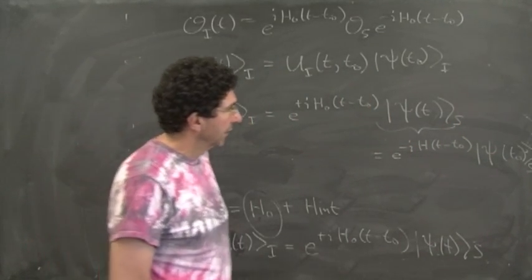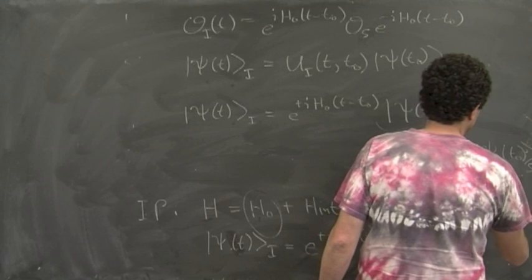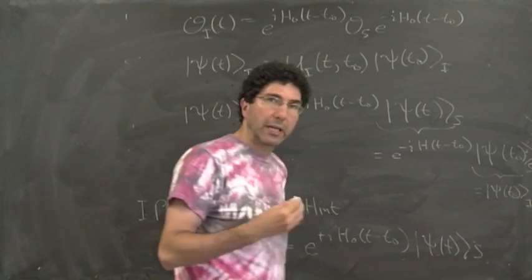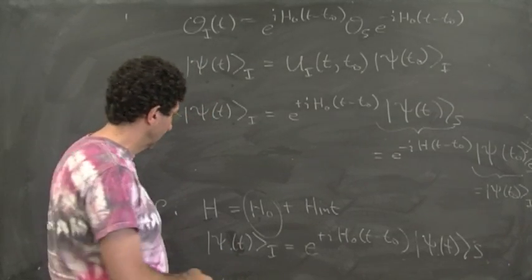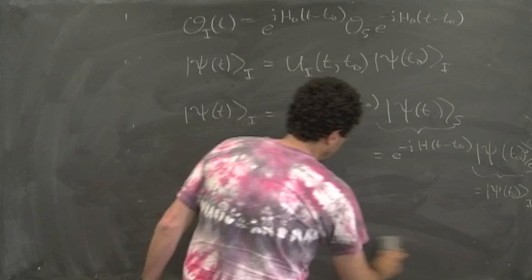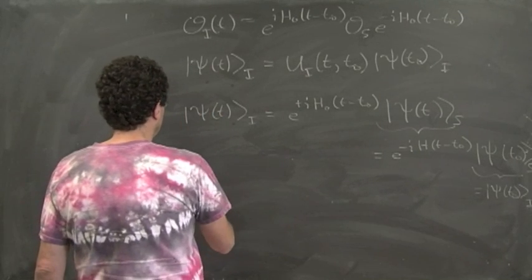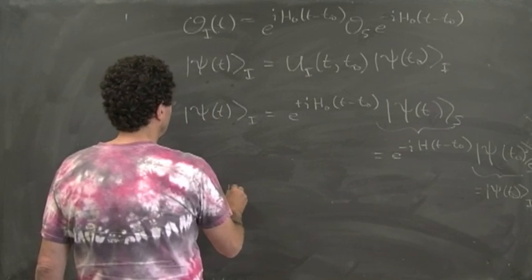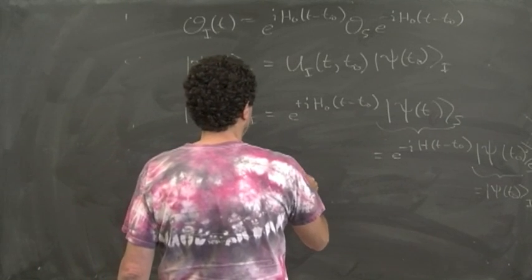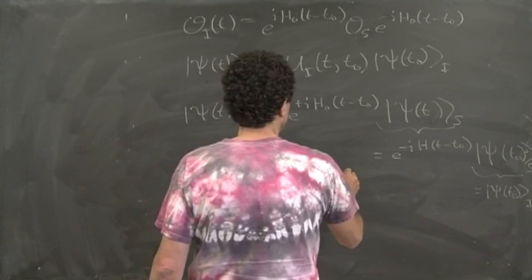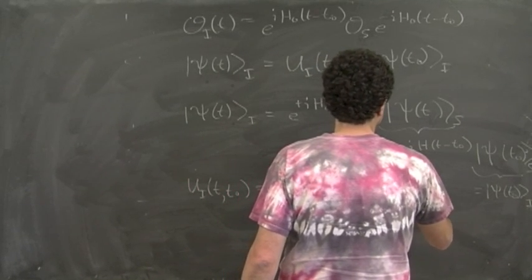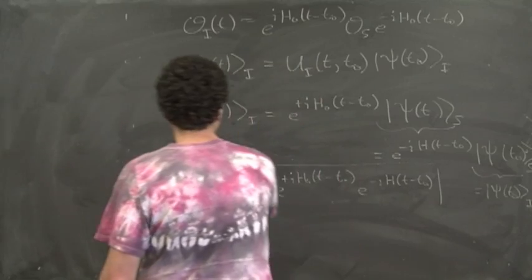But the Schrodinger picture state at t0 is the interaction picture state at t0 by definition. And so from this, what I see is that the interaction picture time evolution operator is just this product, e to the plus i H naught (t minus t naught) e to the minus i H, the total H, (t minus t naught).